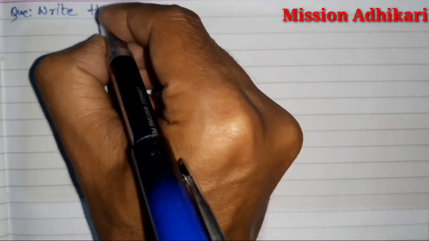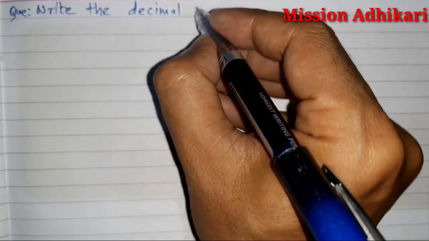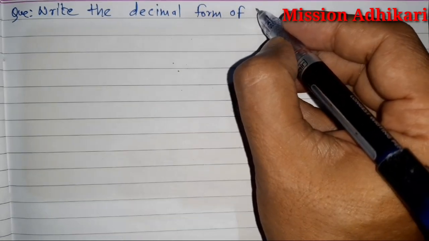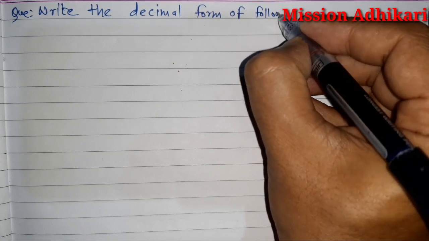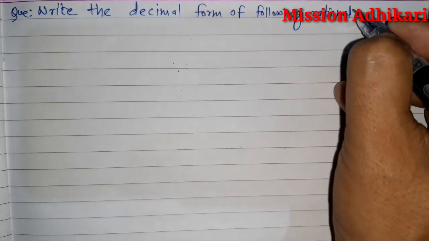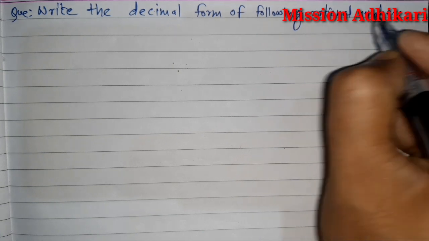Write the decimal form of the following rational numbers.